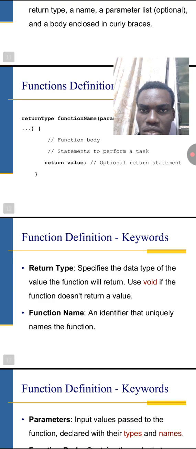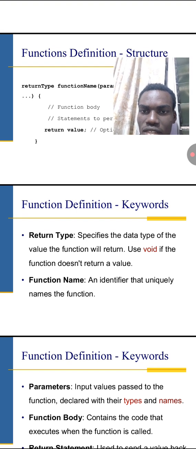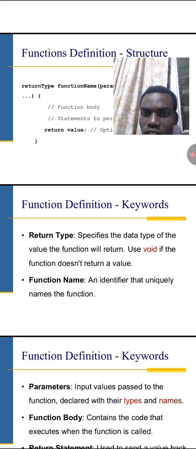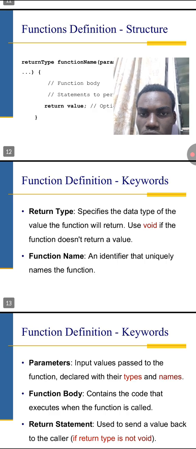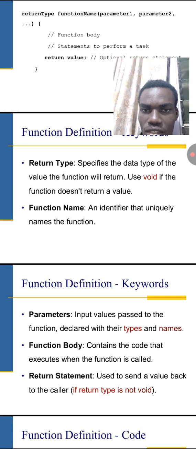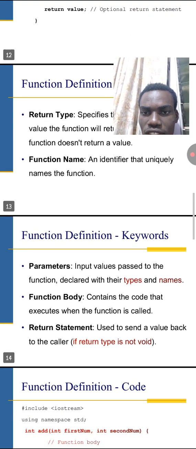So let's look at some key keywords in function definition. Return type specifies the data type of the value the function will return. Use void if the function does not return a value. The function name is an identifier that uniquely names the function.